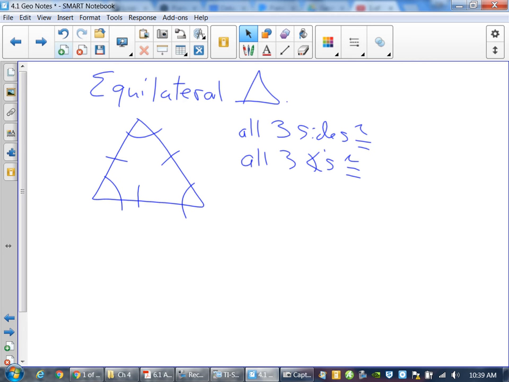And just like you said, all 3 of those angles are always 60 degrees. Each one of these will be 60.